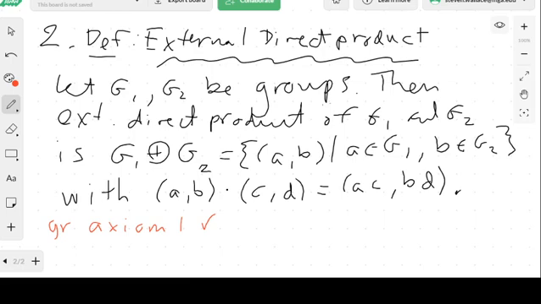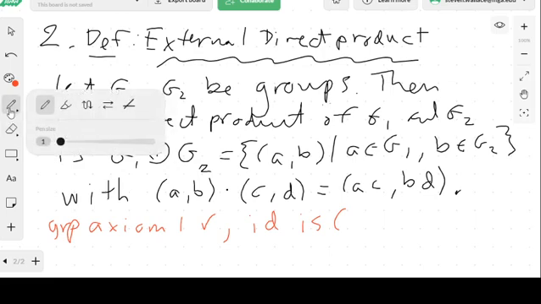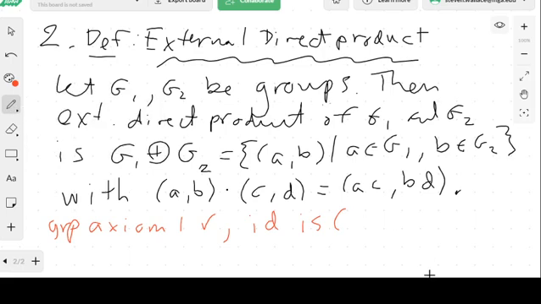I think you will believe me if I just say it works, okay? The identity, what's that? Use the identity in G1 for the first component and the identity in G2 for the second component.